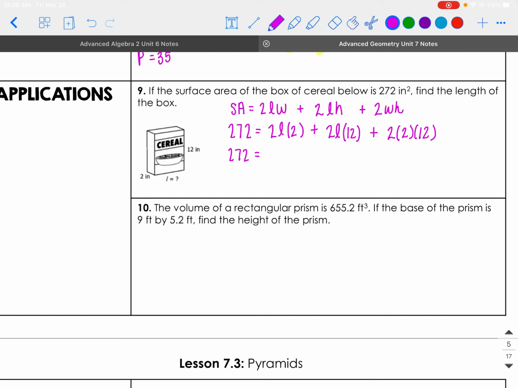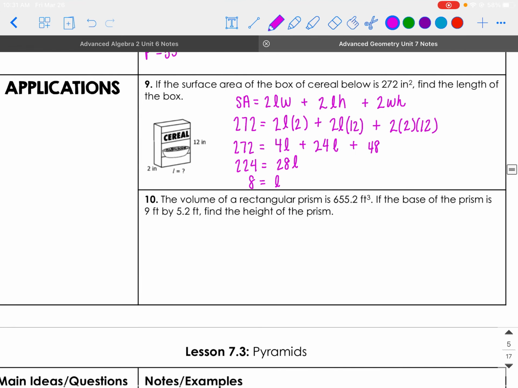So this would be 272 equals 4L plus 24L plus 48. So if I subtract 48 from both sides, we get 224 equals 28L. And then if I divide both sides by 28, we get 8. So L equals 8.